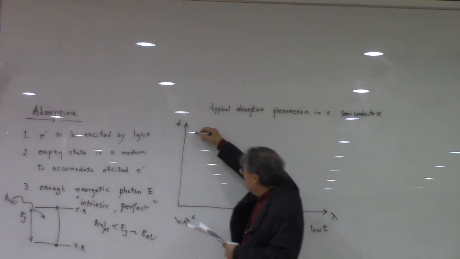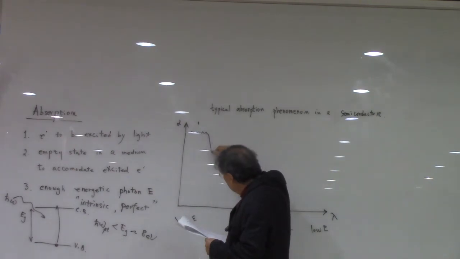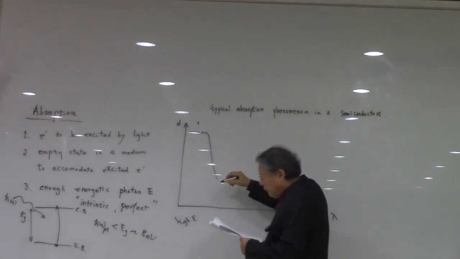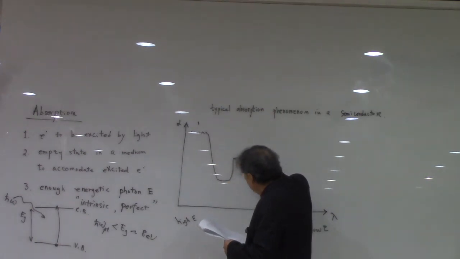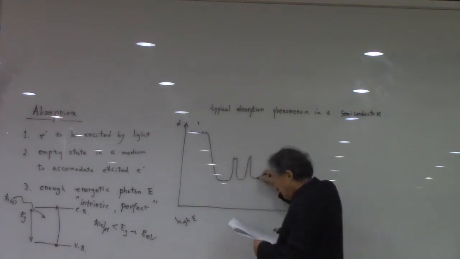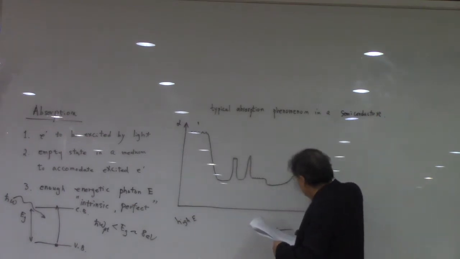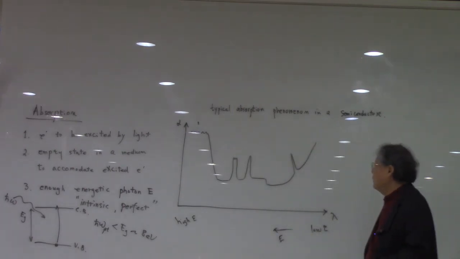Then we have some absorption corresponding to 1, and then we have some slope here. And then we are going to have some absorption, something like this. Okay.